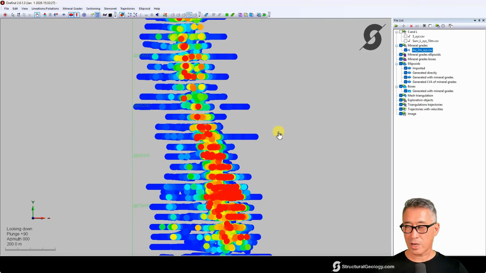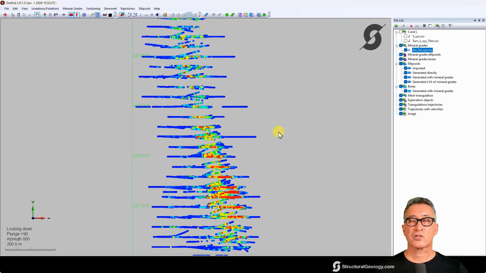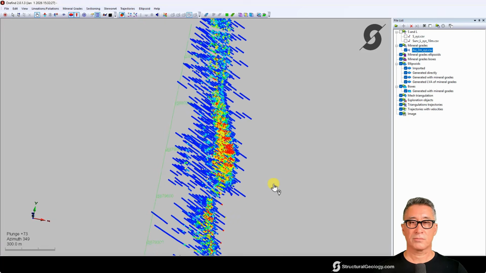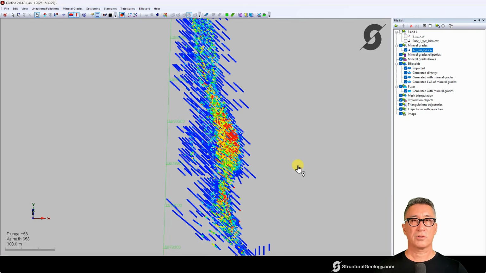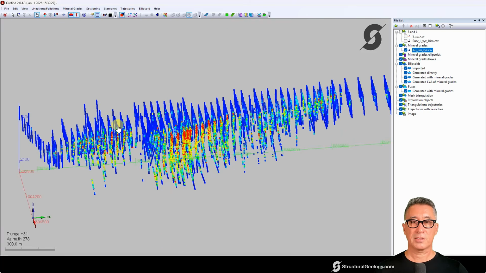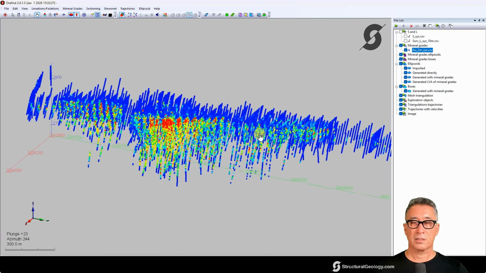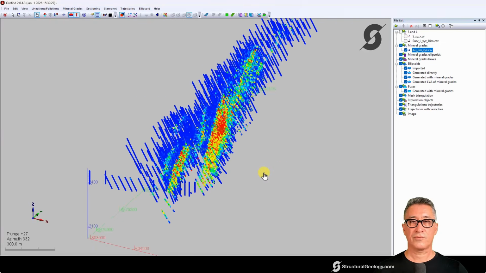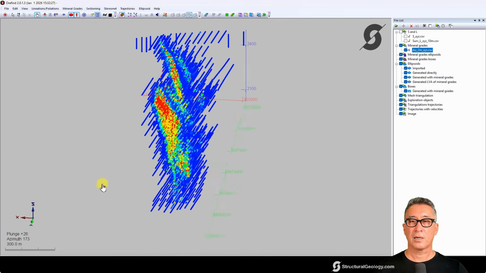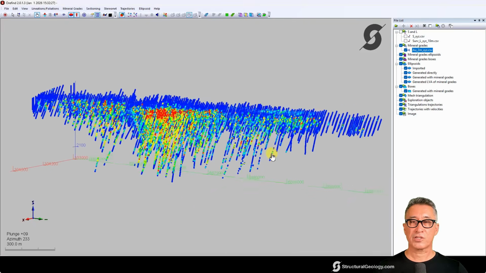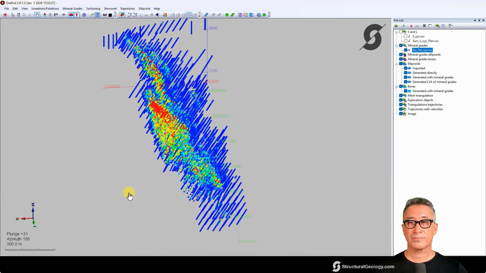Just to remind you that structural data is pretty rare, actually, because people can drill diamond holes and not orientate the core, so therefore they don't have any structural data to present. And it's really quite important, if you do have diamond core, to obtain the structural data, as it is very beneficial.